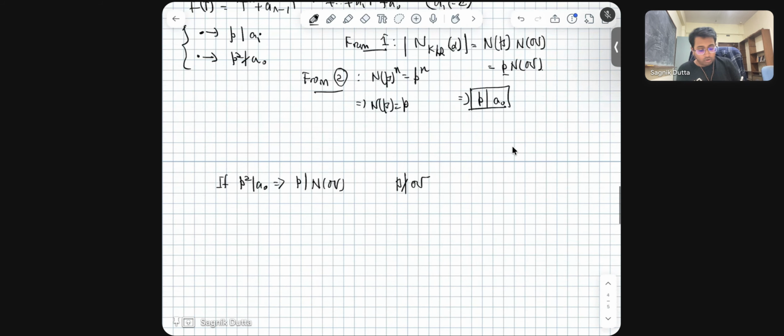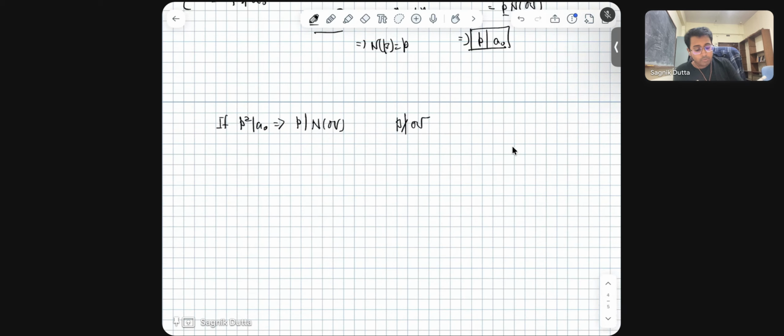So when you take the norm, there should not be any p factor, right? So the norm of q cannot be divisible by p, because the ideal is not divisible by the only prime that lies above little p. Remember, p was totally ramified, so script p was the only prime that lies above little p. So this is not possible, and hence we get that p squared does not divide it. So this is the easy one.